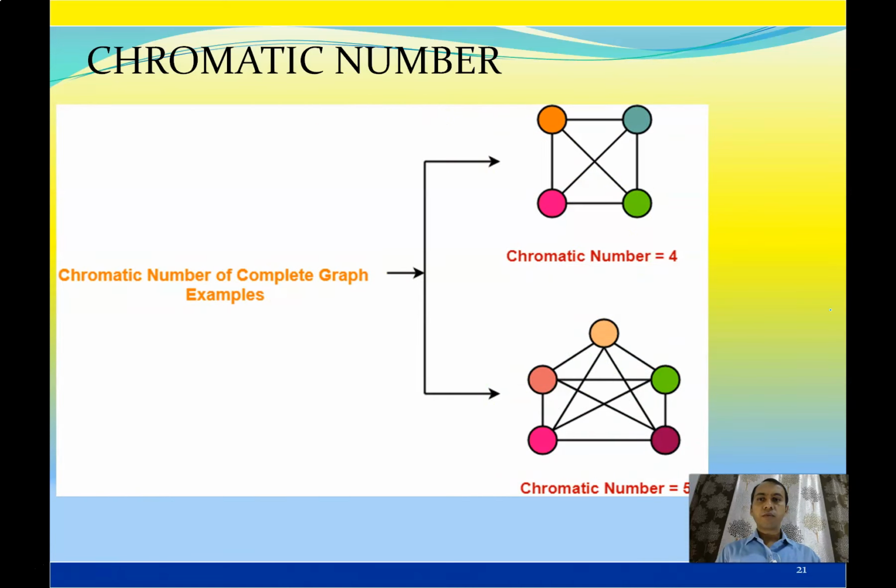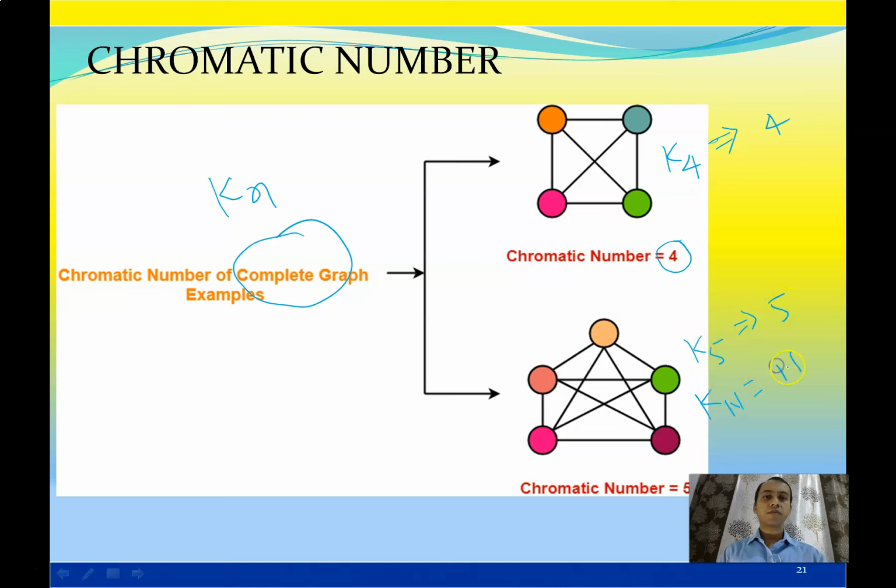In the same way, the chromatic number for a complete graph. Complete graph Kn. So what is a complete graph? There is a direct path from every vertex to every vertex. The chromatic number for the complete graph with 4 nodes, called K4, is 4. This is called K5, so the chromatic number for K5 is 5. Suppose Kn, then the chromatic number will be n.